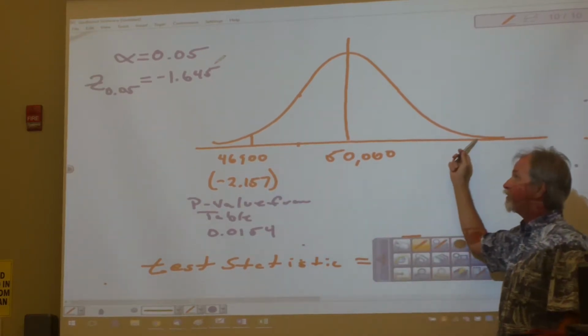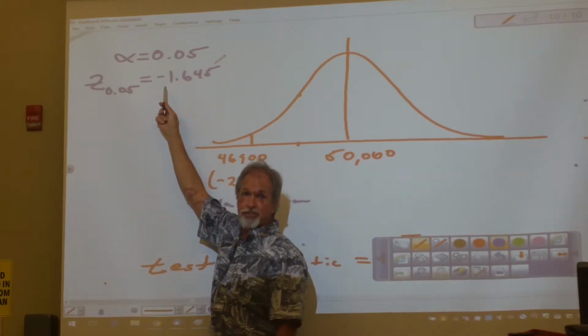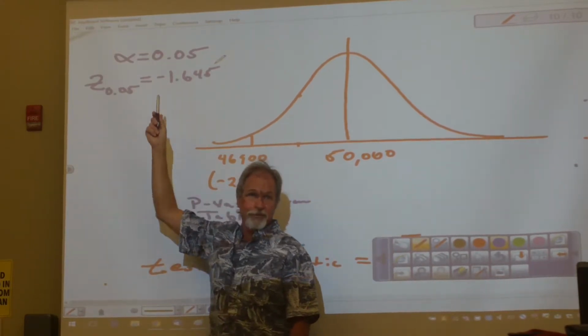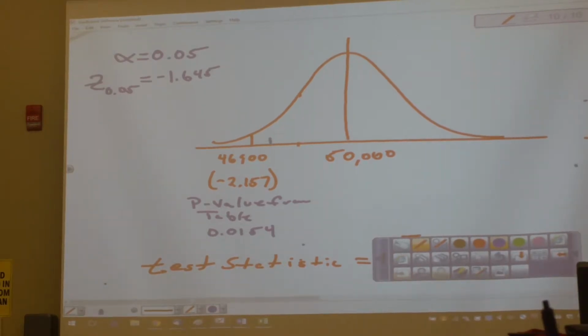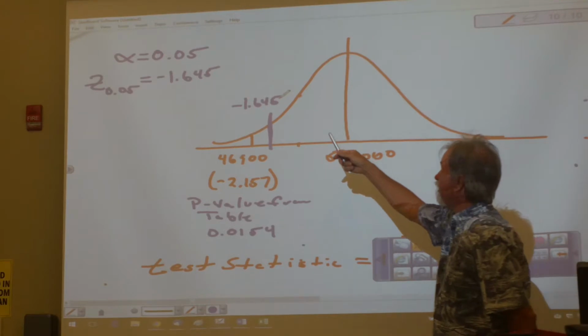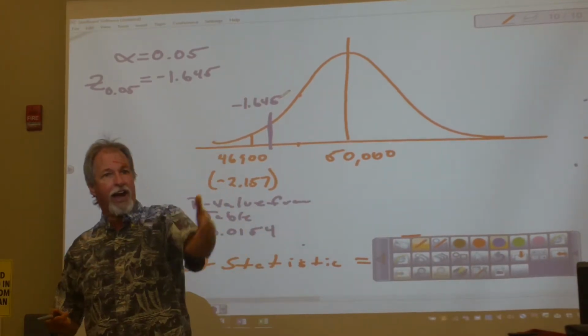If this was an upper tail test, I would still use this value, but I would use the positive. So now my table value is negative 1.645. This is the z from the table for a 0.05 alpha.